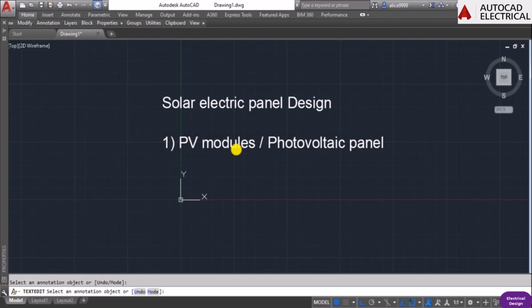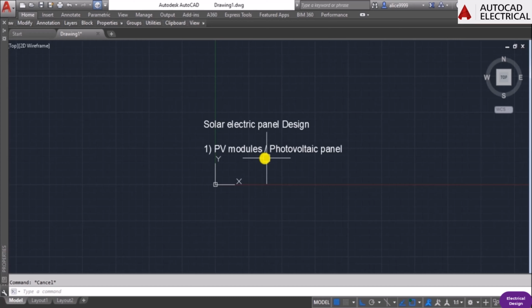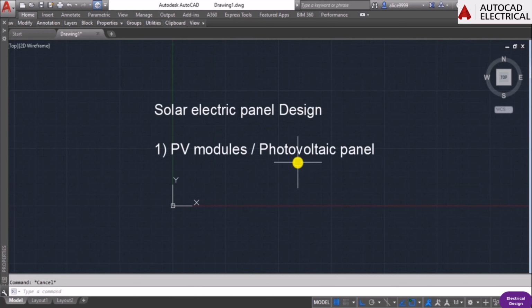Solar photovoltaic panels are made out of cells which take the sunlight and convert it into electric power. So the PV modules are a very important part of the solar panel system. Solar PV modules convert sunlight into DC electricity and current coming from the PV panels.